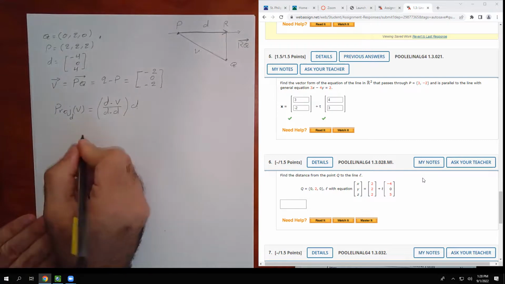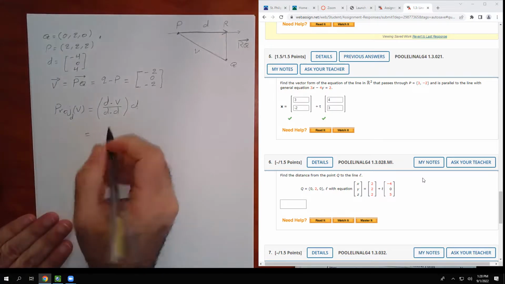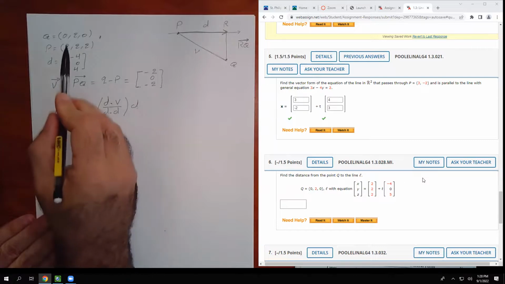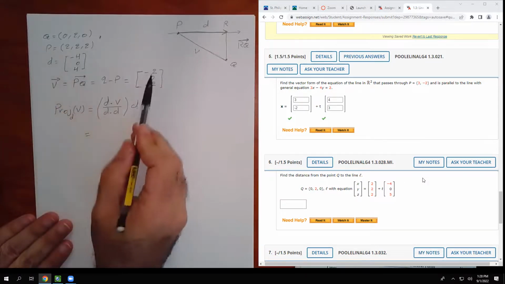So we're going to apply D times the vector V. Here is D, -4 times -2.